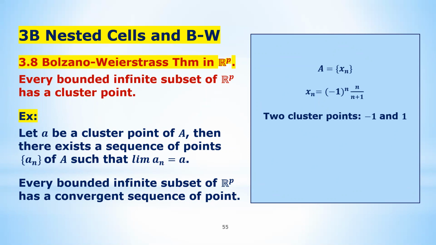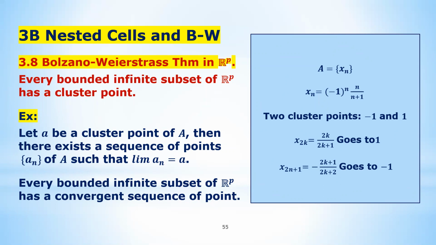That's -1 and 1. If you take n to be 2k, the even index, then this subsequence actually goes to 1. Now, if you take the odd index, then the -1 will be with the sequence, and the sequence will go to -1.